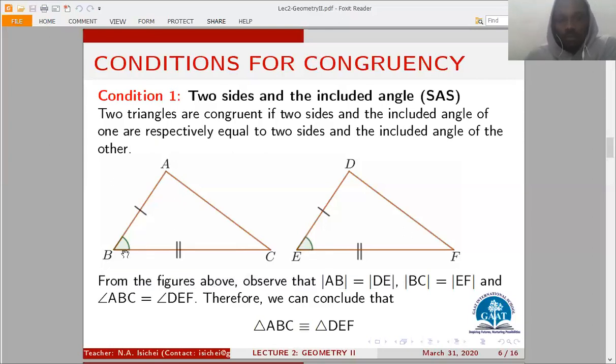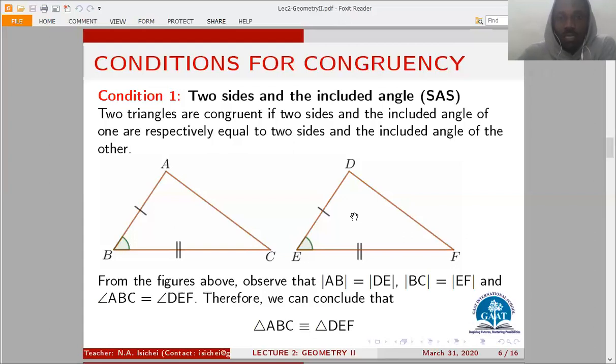Now please take note of something. When we say included angle, we mean the angle that is formed between the 2 equal corresponding sides. If the angle given is the angle at vertex A and the angle at vertex D, that angle is not sufficient to say that they are congruent.